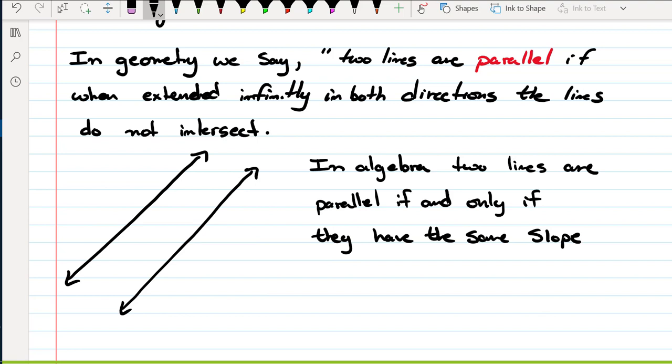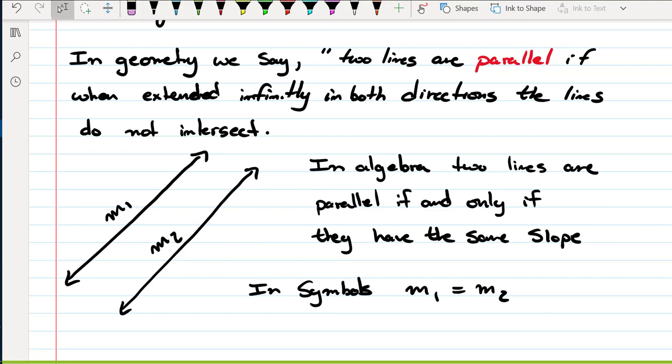So in symbols, m1 equals m2. So in terms of our lines, if this had slope m1 and this had slope m2, their slopes would have to be equal. And if you think about that, if they have the same rate of change, they're going to have the same rise and the same run. And they will never get any closer to each other, no matter how far we go in each direction.